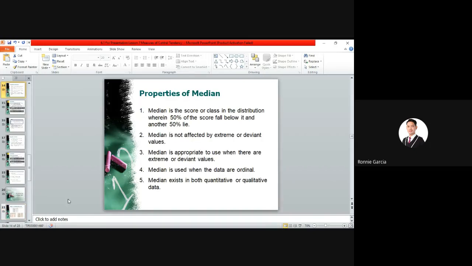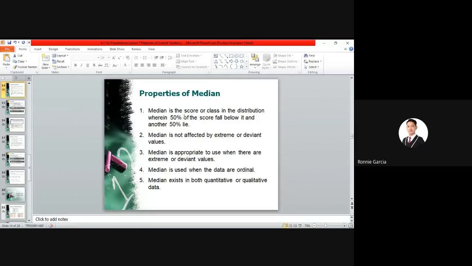What are the properties of median? As we discussed a while ago the properties of the mean, we can now have the point of comparison for the median. Number 1, the score or class in the distribution wherein 50% of the scores fall below it and 50% lie above it.